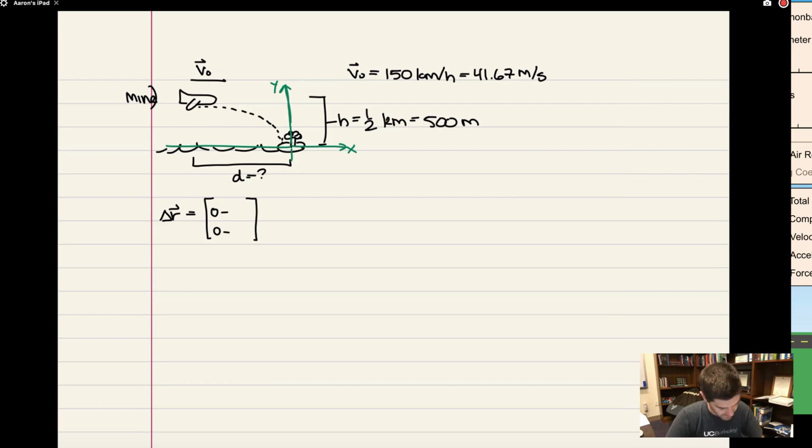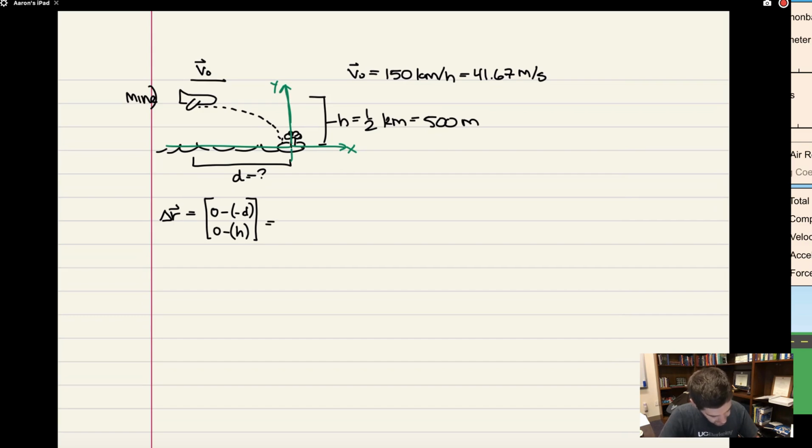Initially, the plane was located a distance negative d in the x direction, again, I'll assume d itself is positive. So negative d because it's to the left of the origin. And then it's initially located at plus h above the origin, or above the axis in the vertical direction.